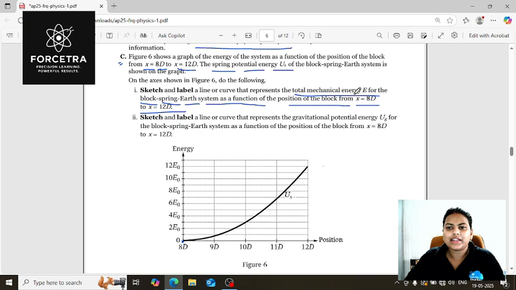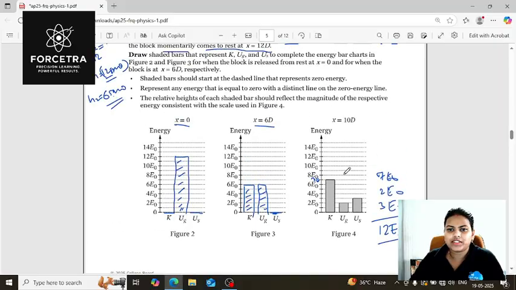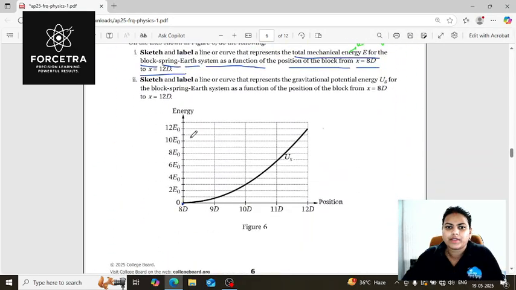The total mechanical energy is the sum of kinetic energy plus potential energy plus elastic potential energy of the spring. This is equal to 12 E naught, as we have seen in this graph also. So we can just draw a straight horizontal line at 12 E naught representing the total mechanical energy from 8D to 12D.